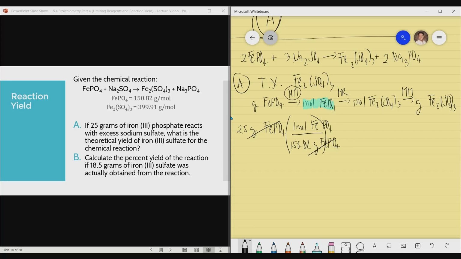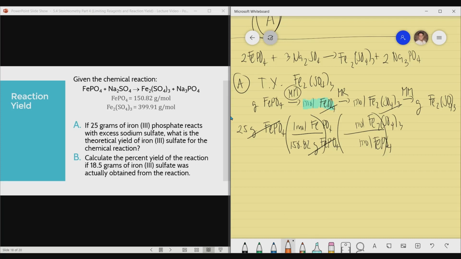Second. Next is another conversion factor. Ang gagamitin ko naman daw po ay mole ratio. So mole ratio, mole all over mole. Mole ratio between FePO4 and Fe2(SO4)3. So ang ilalagay ko dito ay iron phosphate. This one is iron 3 sulfate. So look at the balanced chemical equation.